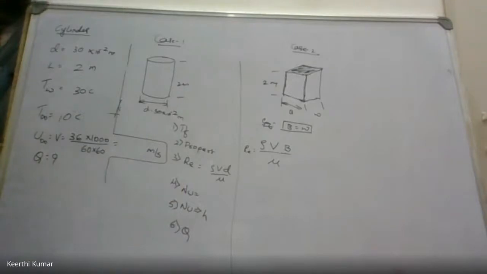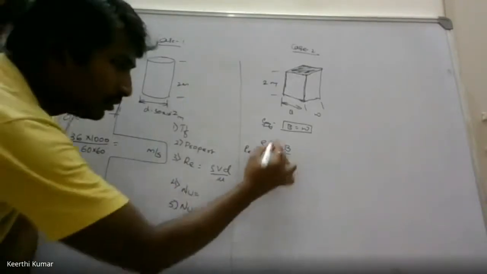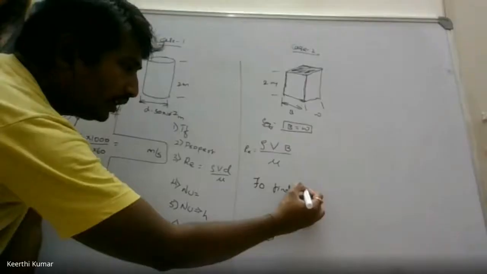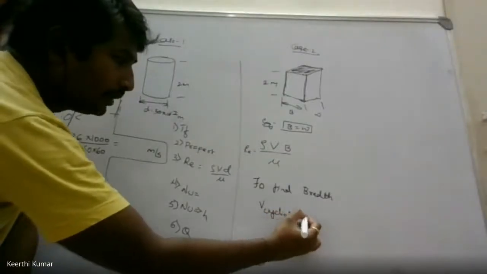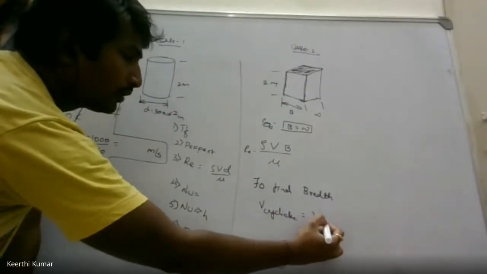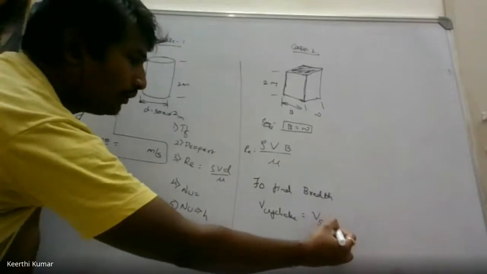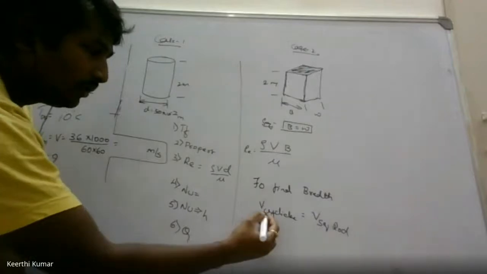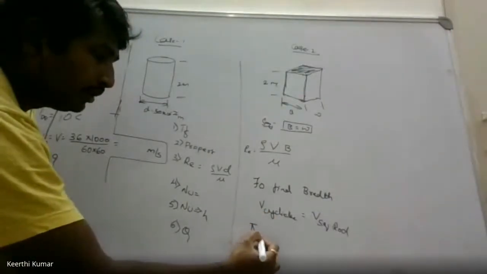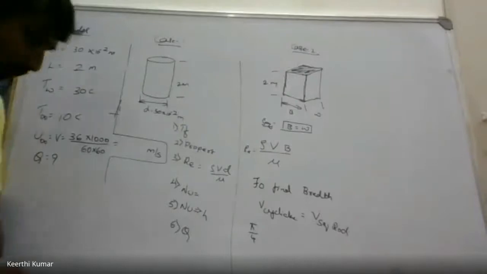So how do we find the breadth? Can anybody tell? To find the breadth, he has given that the volume of the cylinder is equal to the volume of the square rod. We'll take it as a square rod. What is the volume of the cylinder? Pi by 4 into D square into length.